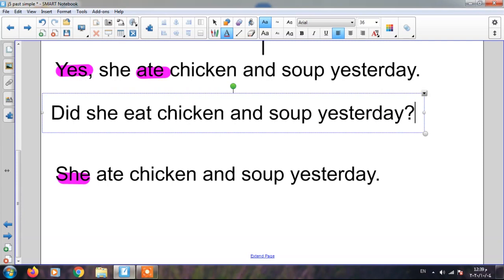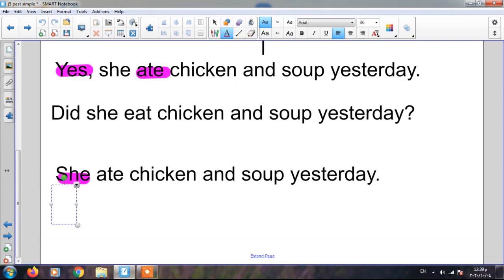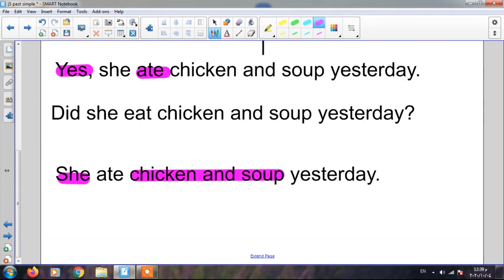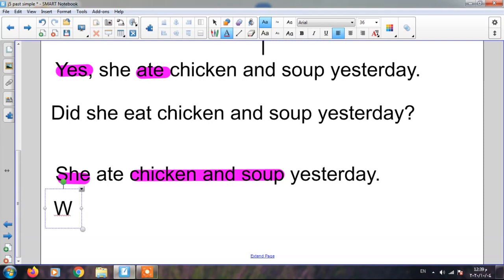Now let's go for the second one. She ate chicken and soup yesterday. So we said to make a WH question, first you have to choose the thing that you're going to ask about. So for example, we will ask about chicken and soup. To ask about things like chicken and soup, we start with what. That's correct. So what?